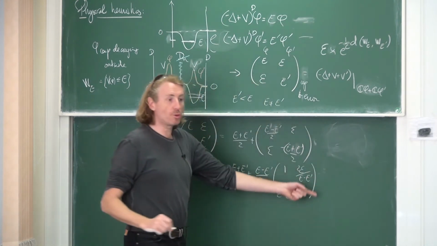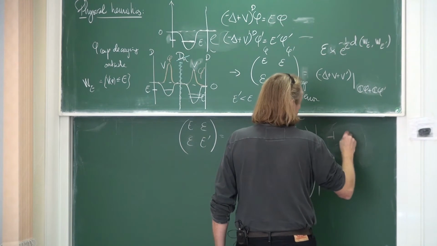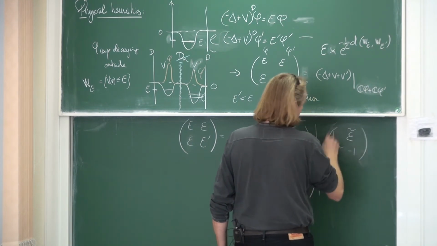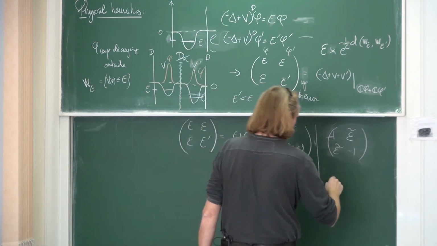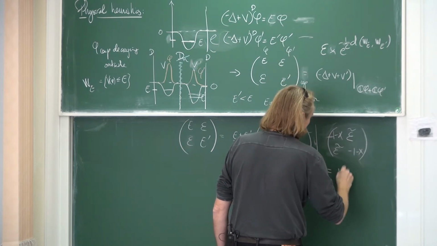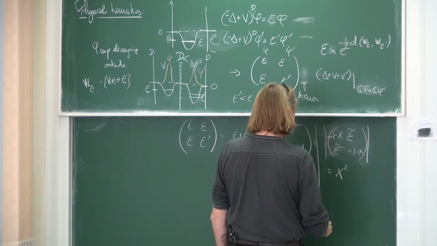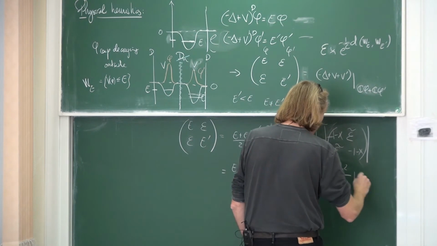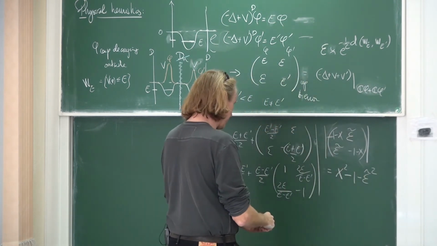All right, I just want to know the spectrum of this. I take the determinant, so I get x squared minus 1 minus epsilon tilde squared, if I'm not mistaken.